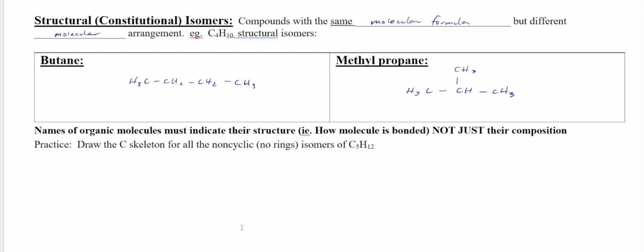Names of organic molecules must indicate their structure. So that's why the naming system is so specific and so particular, because it tells us exactly what the structure is by just reading off the name. Okay, so it doesn't just look at how many carbons and hydrogens there are, it shows us how those carbons and hydrogens are all bonded. So for example here, it says draw the skeleton for all the non-cyclic, no-ring isomers of C5H10.